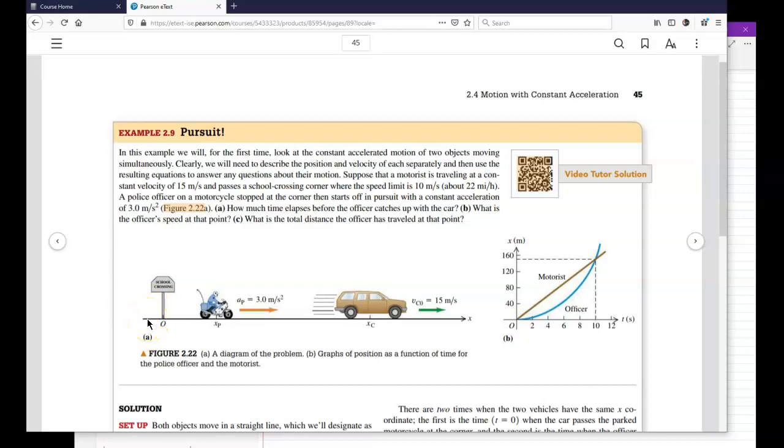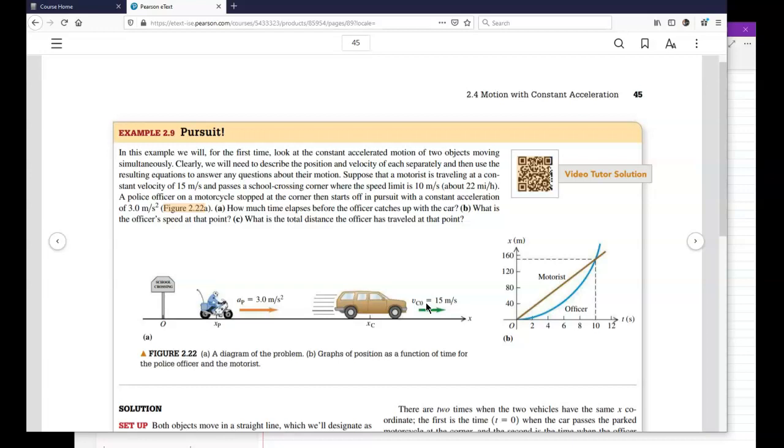So that's velocity 0. And then he starts accelerating from 0, or maybe here. It's starting from 0 until he reaches the motorist, right? So in order for him to reach the motorist, he has to go from 0 to 15. Make sense? Okay.